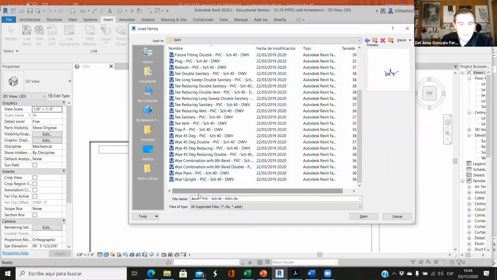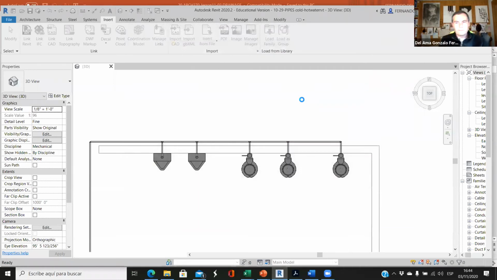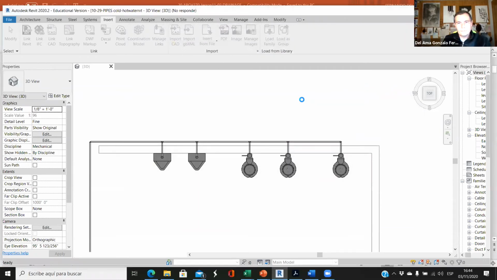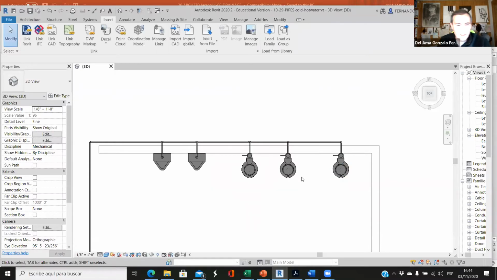I don't want to think about it now, so let's load everything into the drawing. Takes time. There you go. Okay, so I think now we're good, and we can start designing this.